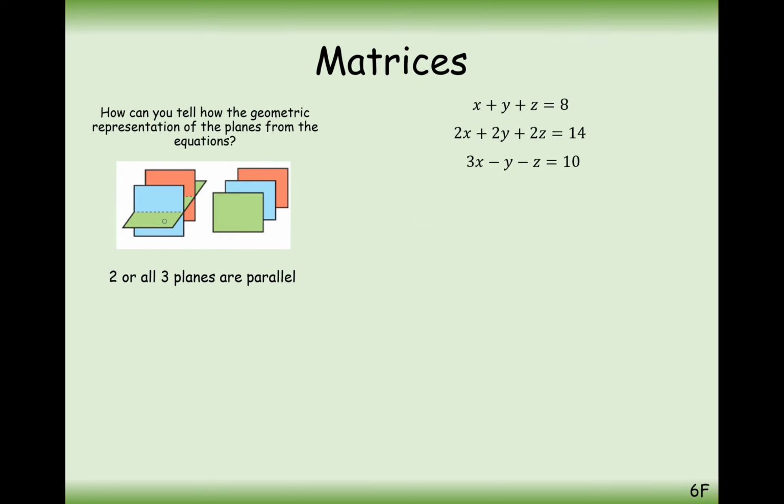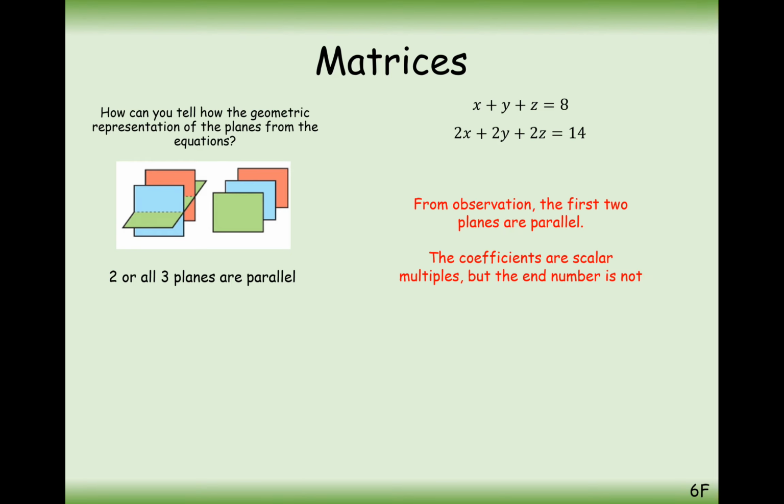In this case here, where we have either 2 or 3 parallel planes, the way that we spot a parallel plane, if we look at just the first two equations here, is that the coefficients are scale factors of each other, but the number at the end is not the same scale factor as the variables before.